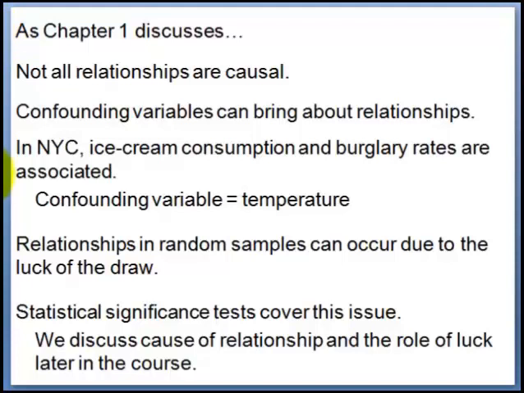So we get relationships in samples sometimes simply due to the luck of the draw. In chapters 6 through 9, which are examining relationship, we're not going to be concerned about whether a relationship is statistically significant or not. That discussion takes up most of the second half of the text.